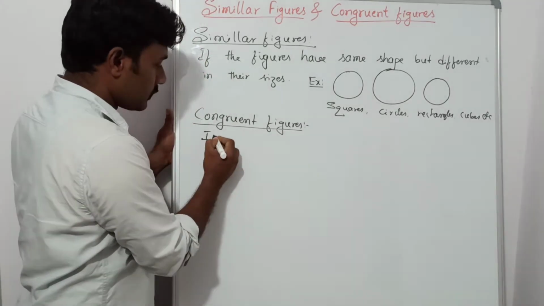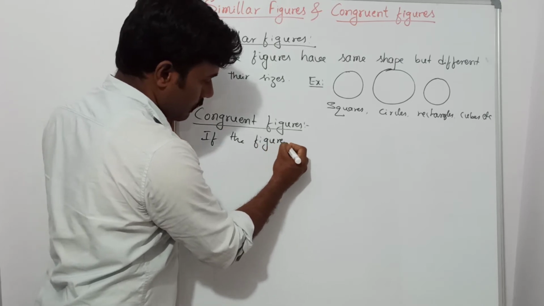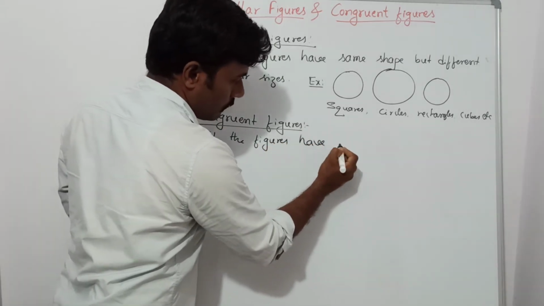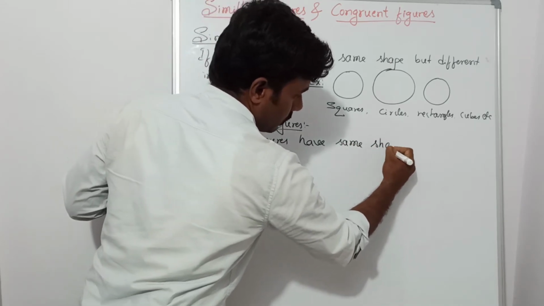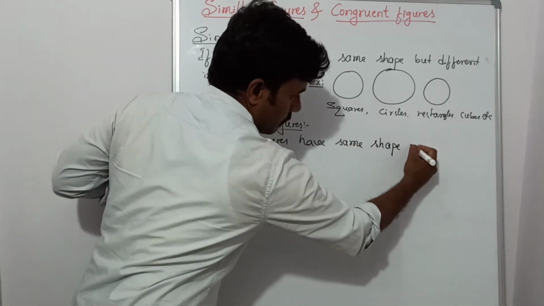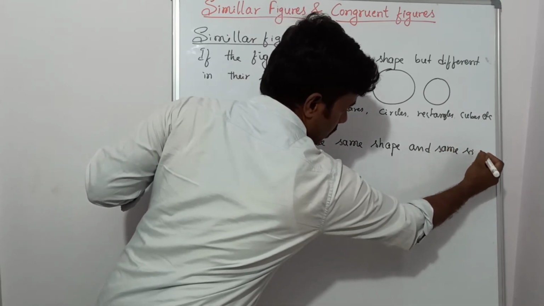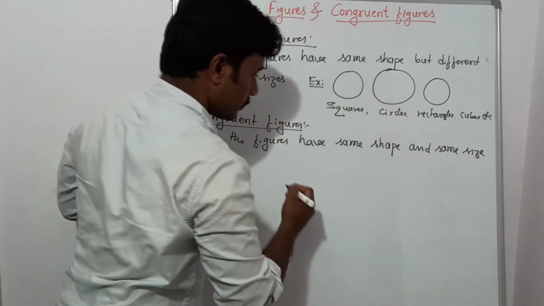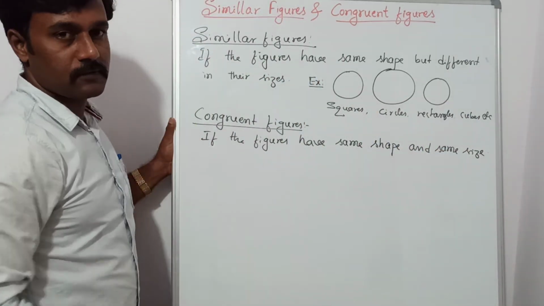If the figures have the same shape and the same size, they are called congruent figures.